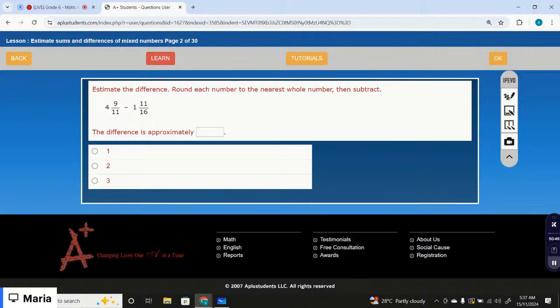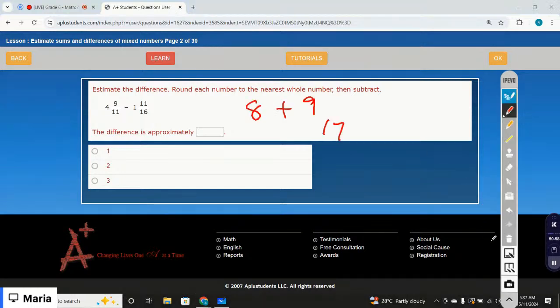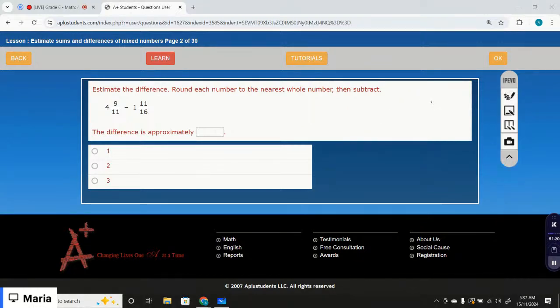The correct option is option number 2. 9 by 11 is more than half, so it would be rounded off to 5. Also, 11 by 16 is more than half, so it would be rounded off to 2. So 5 minus 2 is 3. Option number 3 is the correct option.